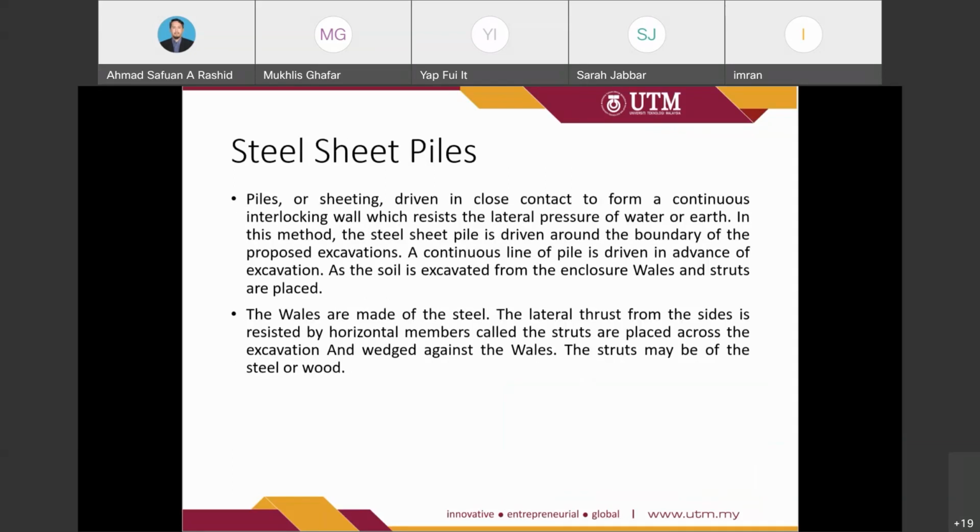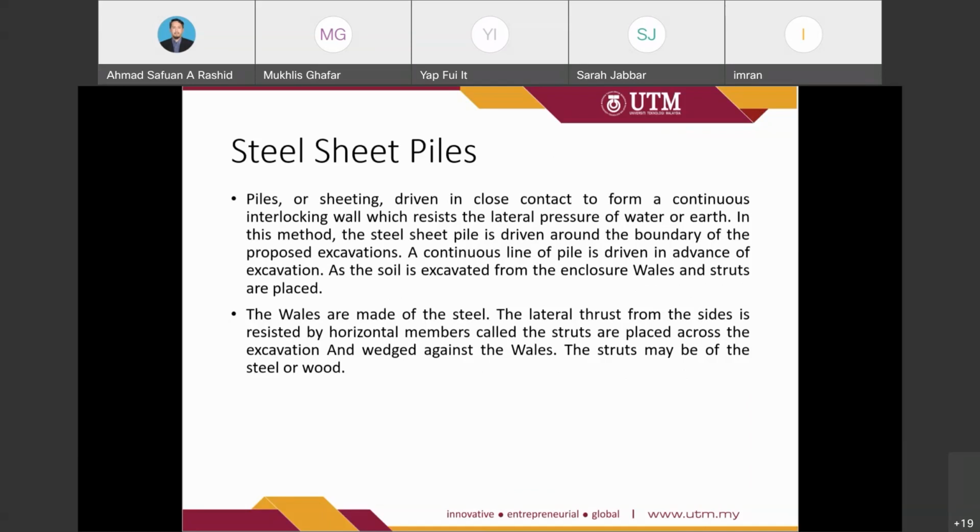So the second approach is the steel sheet pile. Piles or sheeting are driven in close contact to form a continuous interlocking wall which resists the lateral pressure of water or earth. In this method, the steel sheet pile is driven around the boundary of the proposed excavation. A continuous line of pile is driven in advance of excavation.